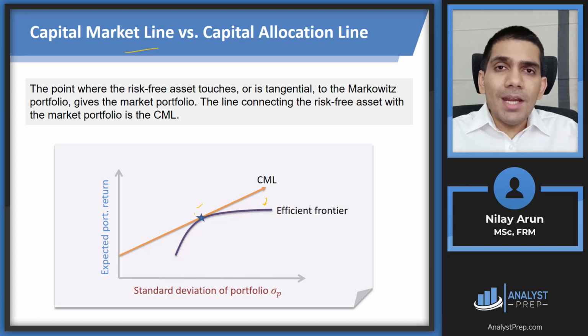Now, there is no index in the world which is a true proxy for that market portfolio for all the various investments that a person could have. So usually what we do is we use any of the popular equity indices as proxy. So let's say an S&P 500. But of course, that is the drawback of the theory because we don't have a perfect market portfolio, so to say. So that's your CML and that's your efficient frontier.